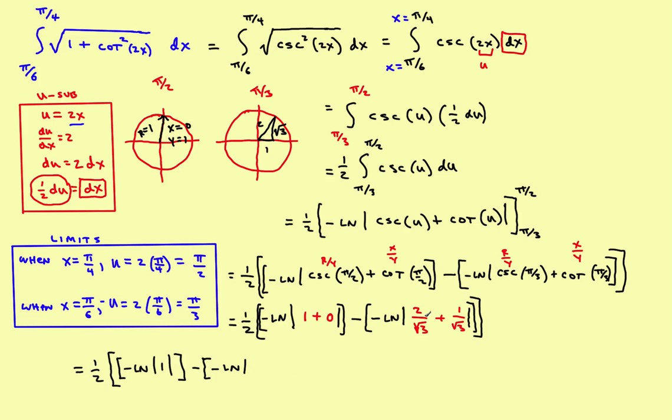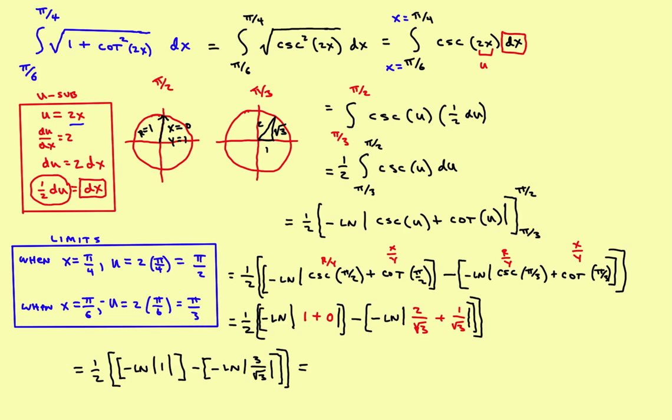Both of them are over the square root of 3, so this would be 3 over the square root of 3. So this will turn into 3 over the square root of 3. So there's that one, and we'll put brackets around all this.